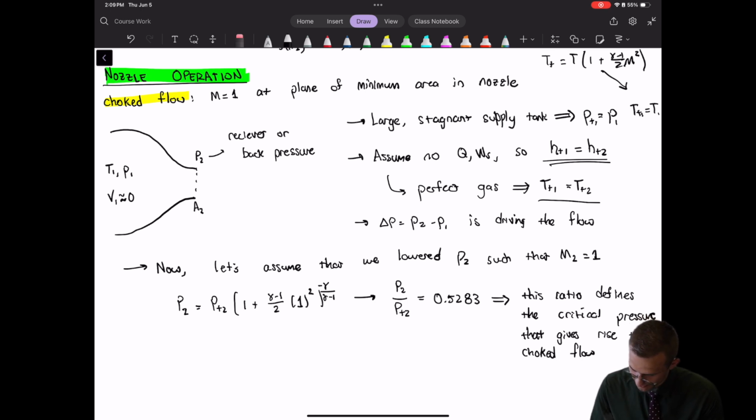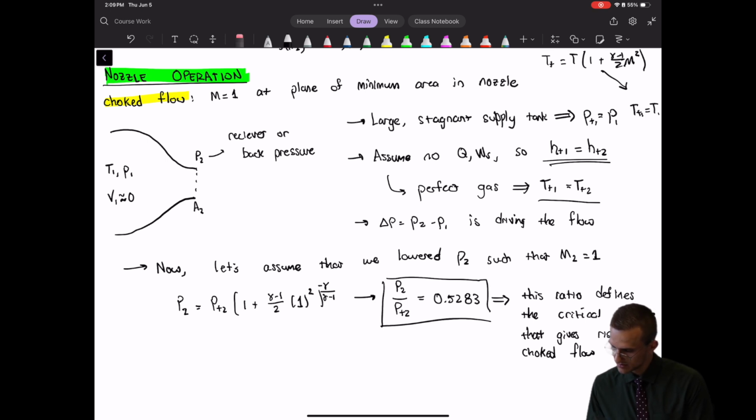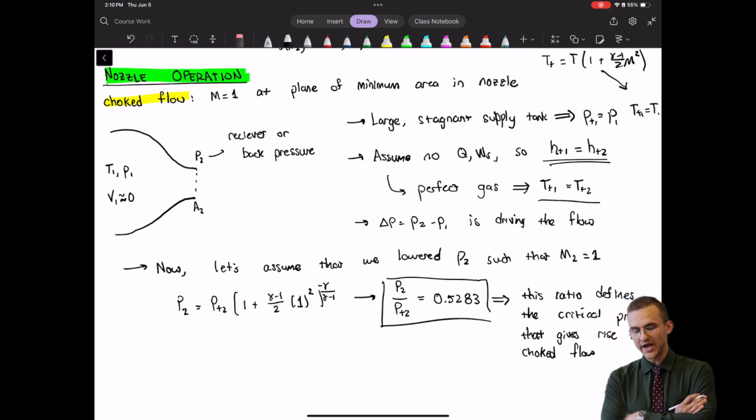Okay, go ahead and box this. So in general, this is actually how you're going to check if the flow is choked in a nozzle.